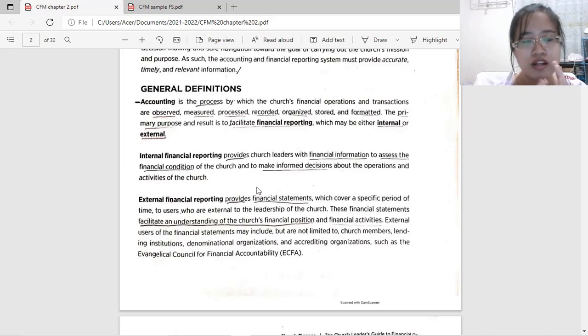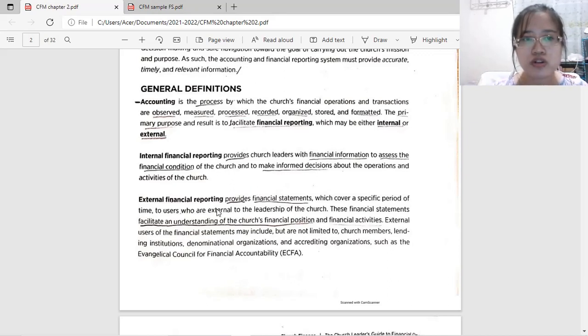So for VVBC, if it's April 30, the BIR would be due on April, May, June, July, August 15. And for the SEC, it would be around August 28, 29, or 30, exactly 180 days from April 30. So there is that.